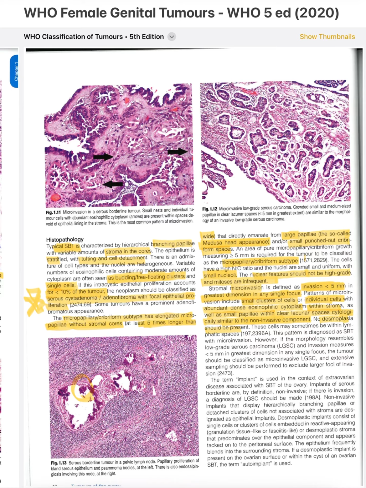No desmoplasia should be present, and these cells may sometimes be within lymphatic spaces. The pattern is diagnosed as SBT with microinvasion. However, if the morphology resembles low-grade serous carcinoma and invasion measures less than 5 mm in greatest dimension in any single focus, the tumor should be classified as microinvasive low-grade serous carcinoma.